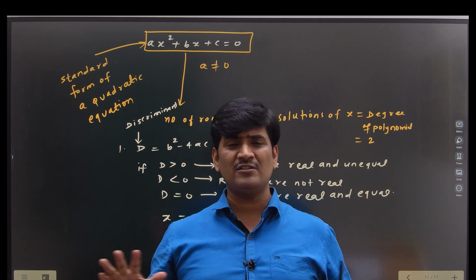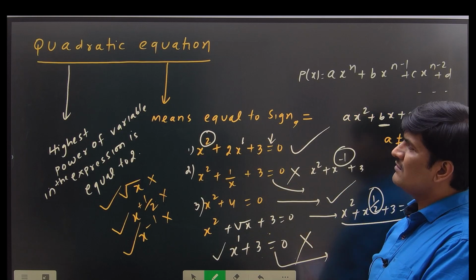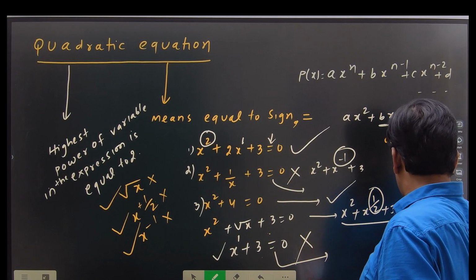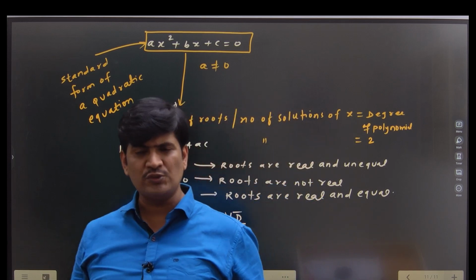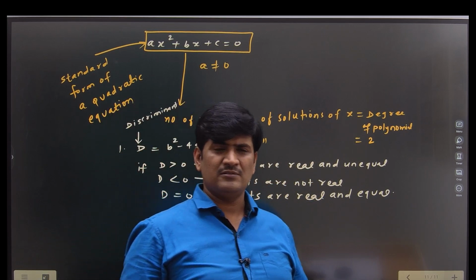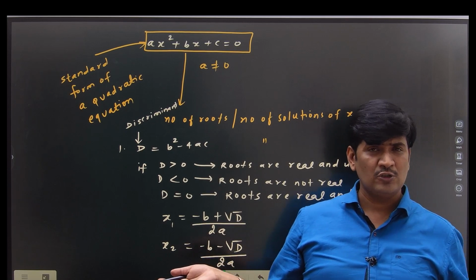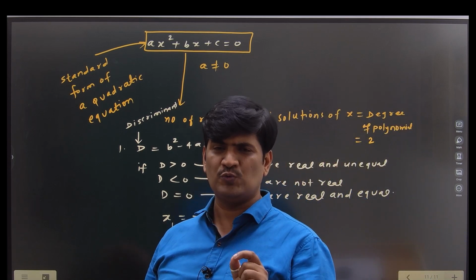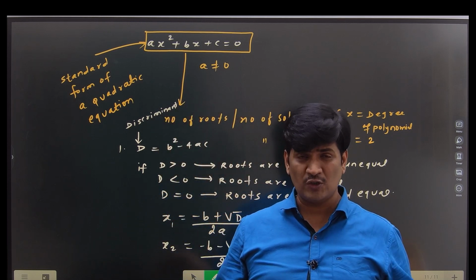So these are not in quadratic equation form. Already we have seen this part. And if the equations are in quadratic form, then how to find the roots? How many total roots are going to exist? So the total number of roots is 2. It may be real or imaginary, not real.